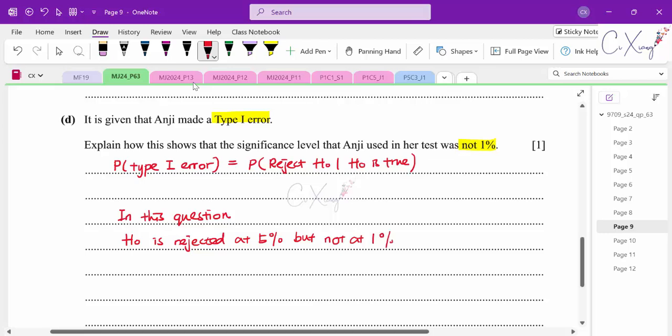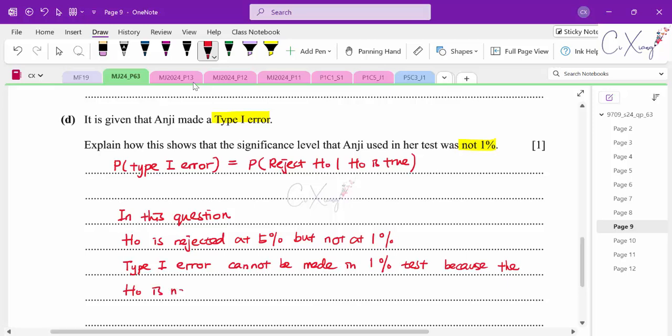Therefore, in the 1% significance test, you won't get a type 1 error, because for the 1% significance test you are accepting the null hypothesis, which is not rejecting it. So a type 1 error cannot be made in the 1% test, because the null hypothesis is not rejected in the 1% test.